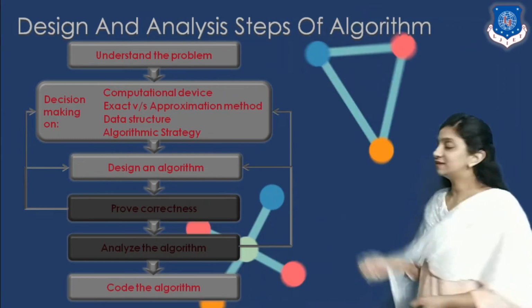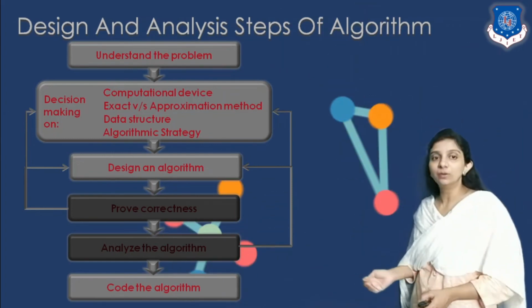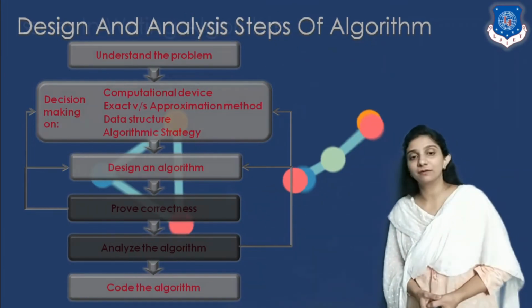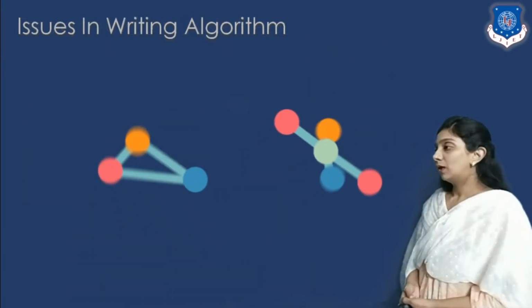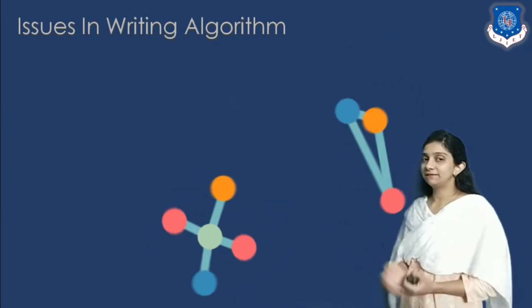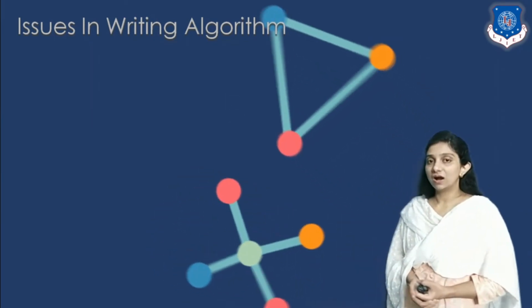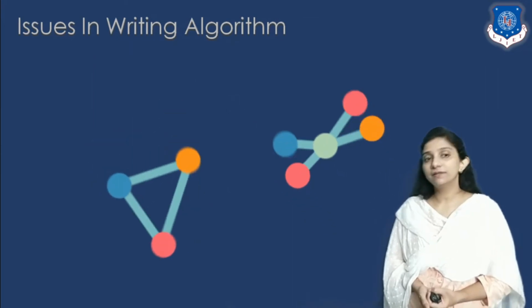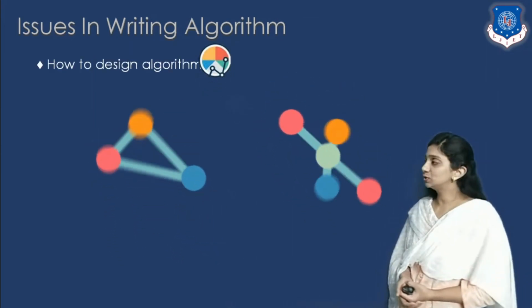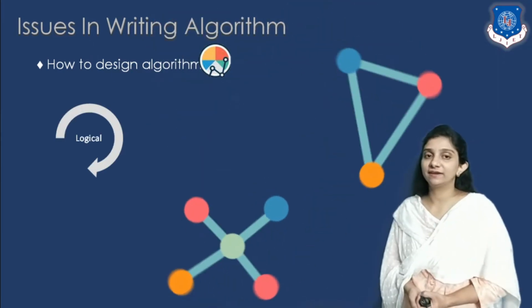So these are the steps that we have to follow in order to design or perform analysis of any algorithm. Now, it shows very simple steps that we have seen. But are they that simple? Are there any difficulties in writing an algorithm? Yes, there are two difficulties, two issues in writing an algorithm.